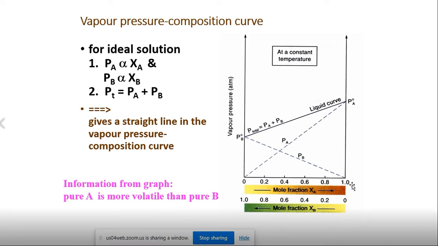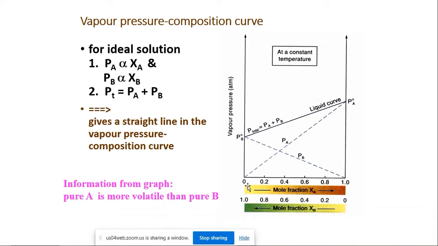Here you have P°A and here you have P°B. This is the diagram, right? In between A and B, your mixture is in between P°A and P°B. In between these two you have your mixture.